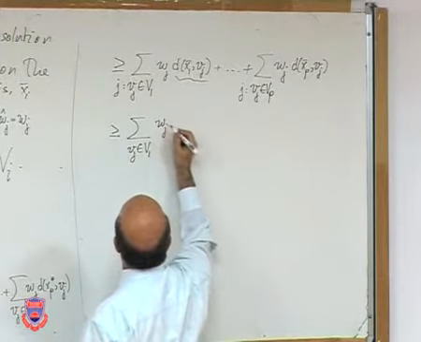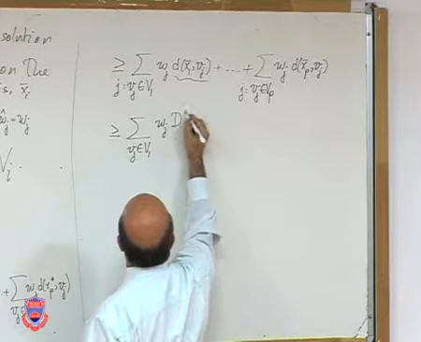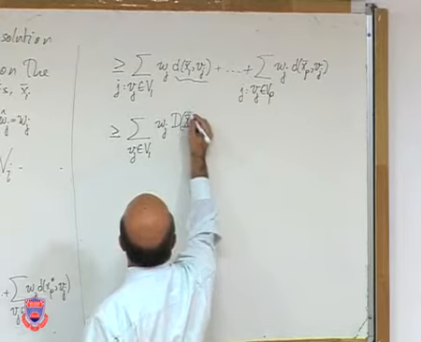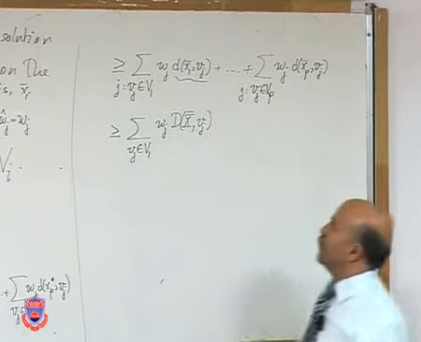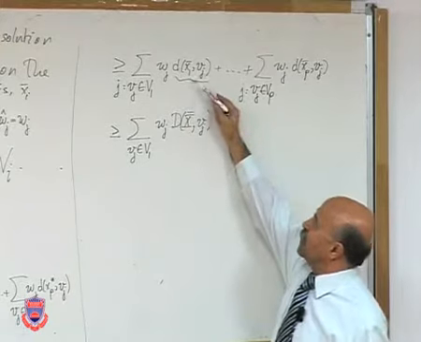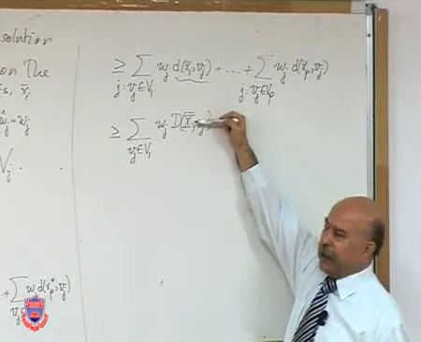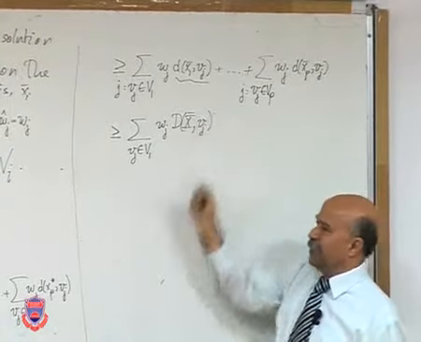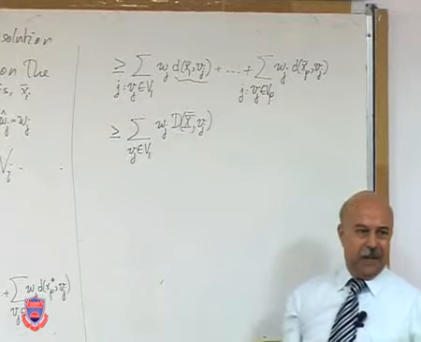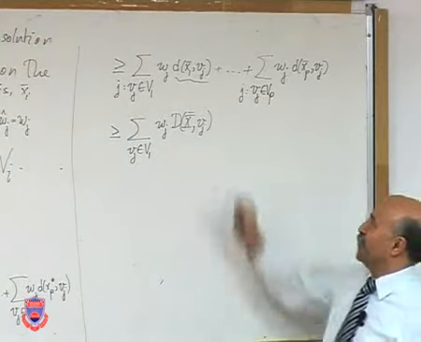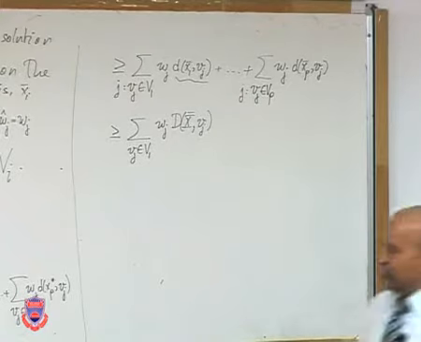Wj is still the same, but I'm replacing that one with capital D of x bar and Vj. So it's important for you to understand that small d is greater or equal to the capital D here, because capital D is defined to be the smallest of such elements. Okay? That's how it is defined. So for that reason, of course, it will be less than or equal to any one of those elements.